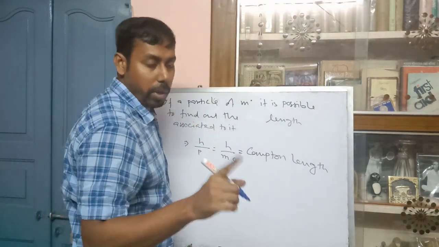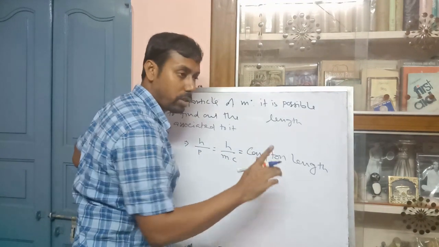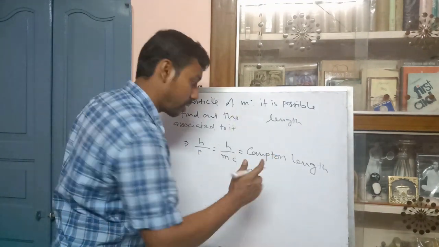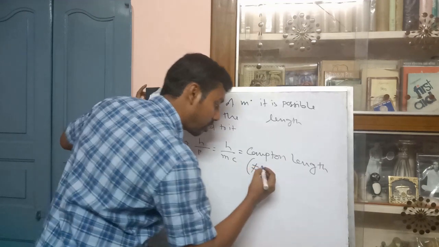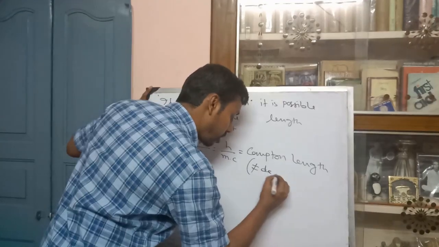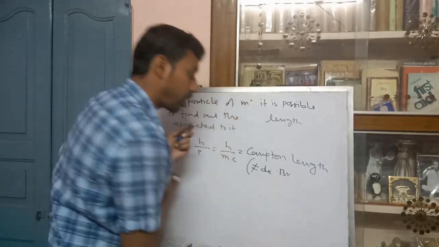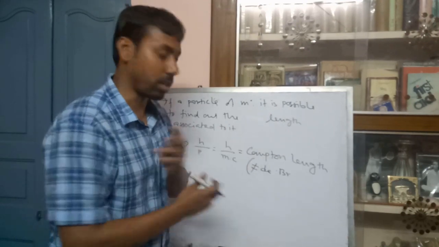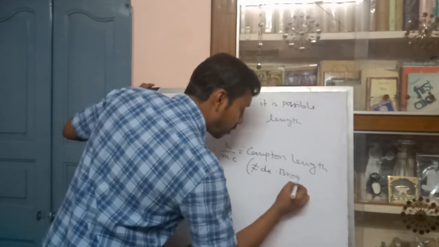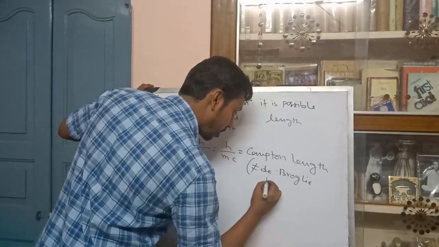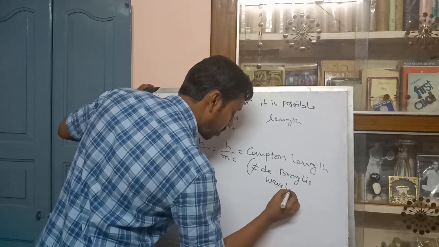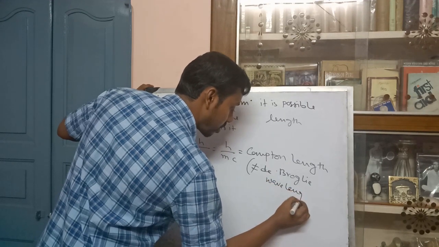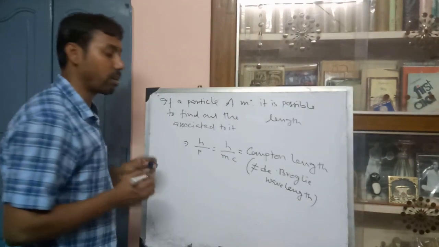I want to remind you that this Compton length is not equal to the de Broglie wavelength. The de Broglie wavelength and Compton wavelength are different from each other.